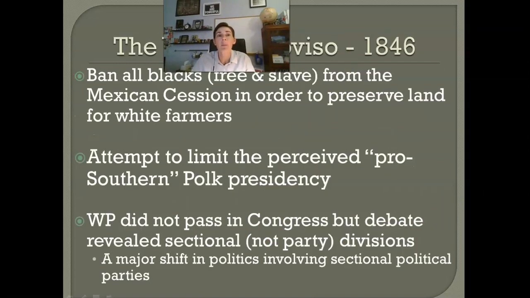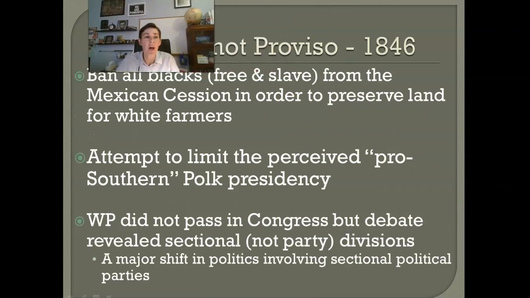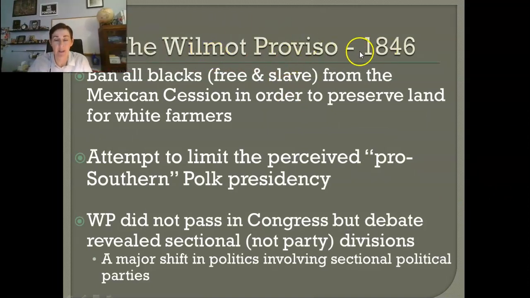So the Wilmot Proviso. This idea, proposed in 1846, was to ban all blacks, both free and slave, from the Mexican territory that was ceded, in order to preserve land for white farmers. This was an attempt to limit the perceived pro-Southern Polk presidency.